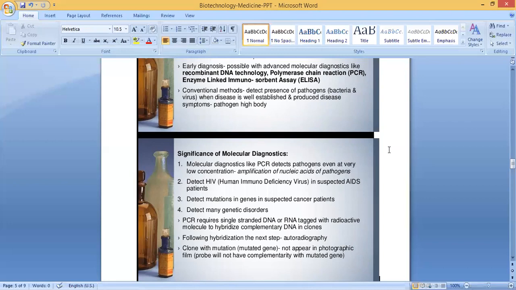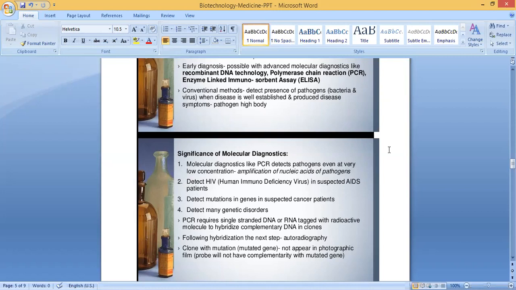What is another significance of molecular diagnostics? To detect HIV, human immunodeficiency virus, in suspected AIDS patients. Third, to detect mutations in genes in suspected cancer patients.